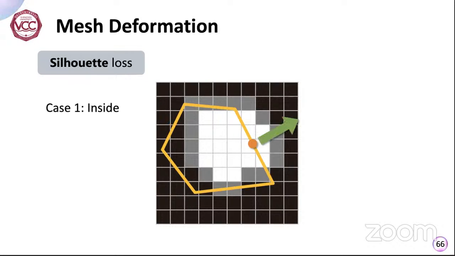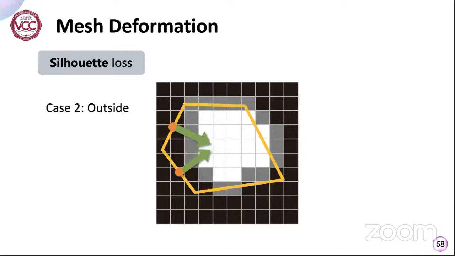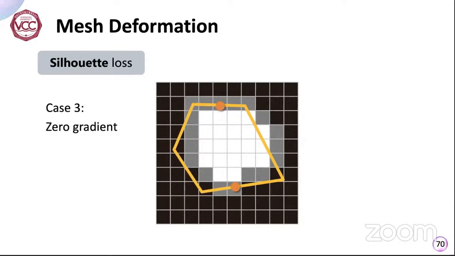So case 1, if this point is inside the mask, located in this red pixel, the edge would move along the edge normal, which points to the outside of the reconstructed mesh. Conversely, if this point is outside the mask, located in this black pixel, it would move to the inside of the mesh. Also, if the point is on the mask boundary, its gradient is set to 0.